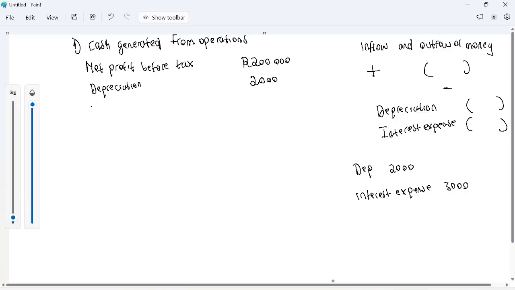And then we have interest expense, which is 3,000, I'm adding it. Now this net profit before tax plus depreciation plus interest expense will give us a total.